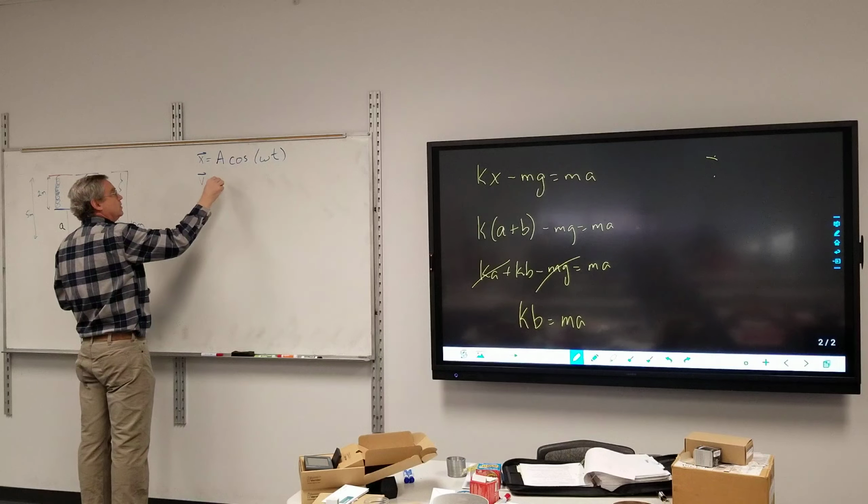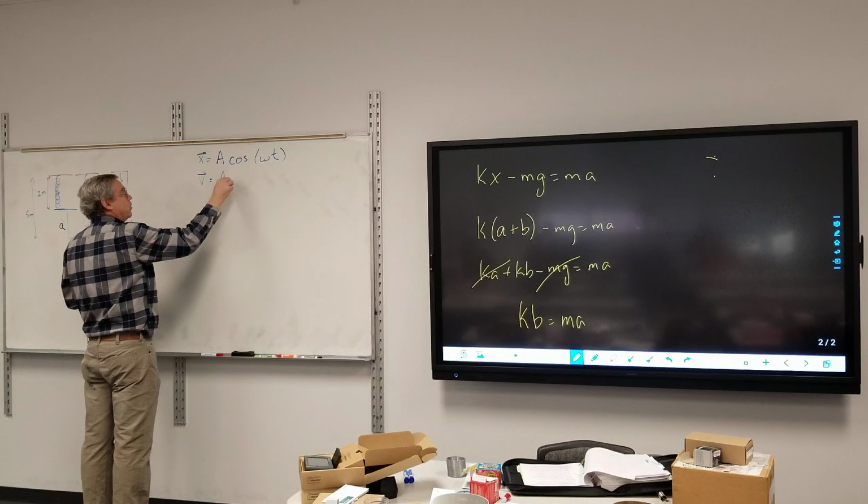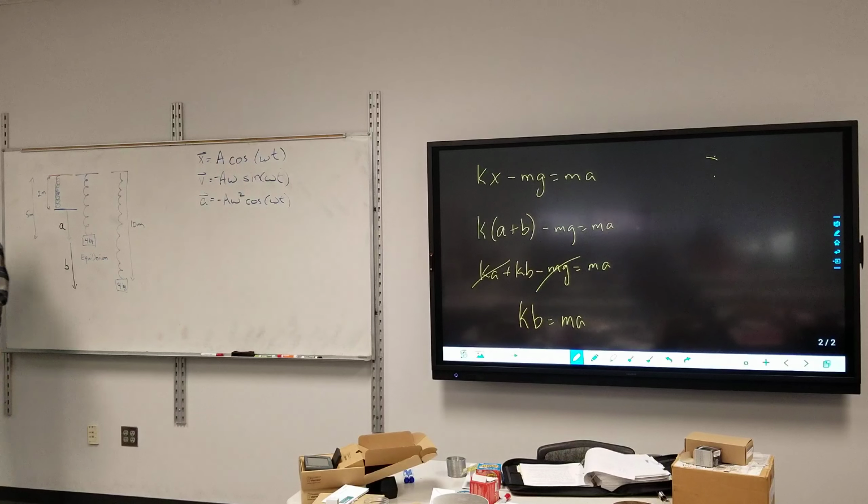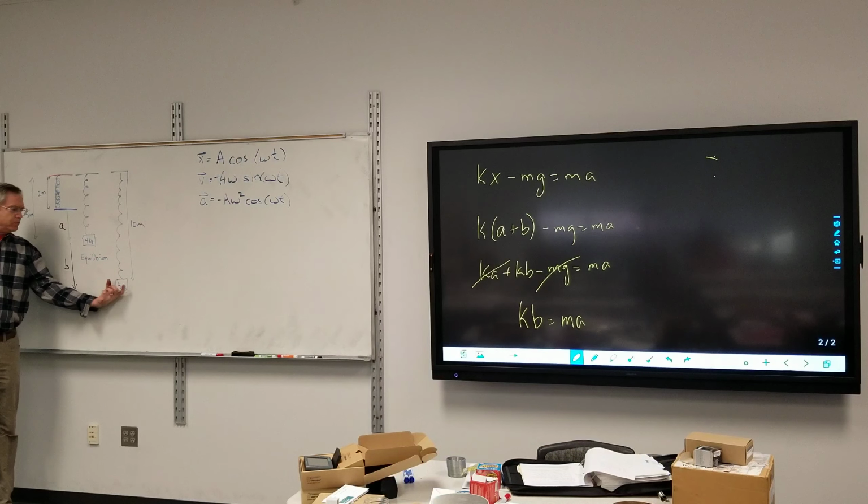The velocity is negative A omega sine omega t. And acceleration is negative A omega squared cosine omega t. Now the reason I'm picking cosine instead of sine is that I'm starting at an extreme. I pull it down to its amplitude and I let go.